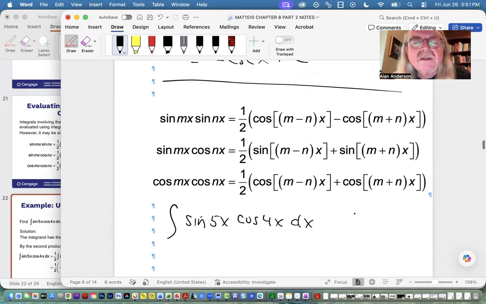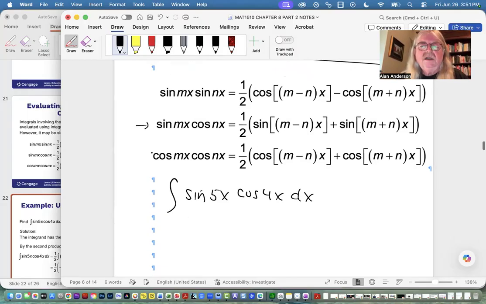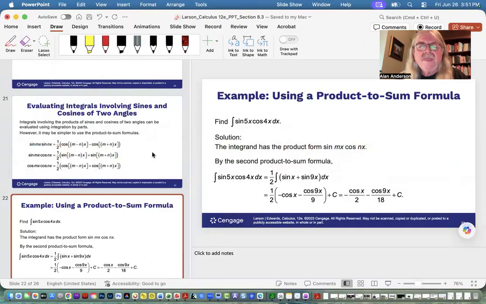So which one of these does this look like? It would be this one. Okay.